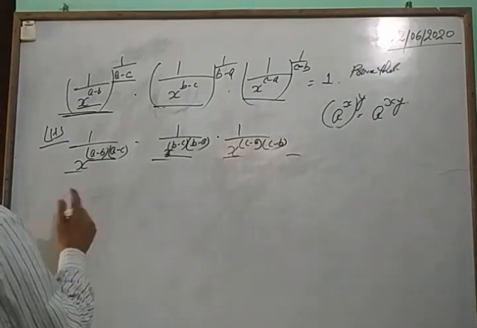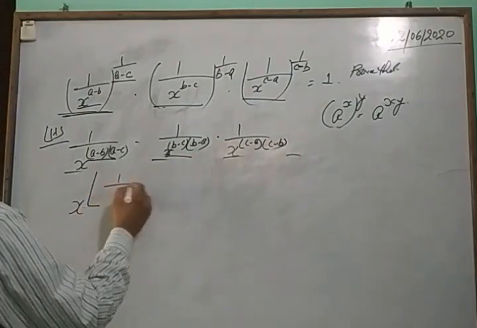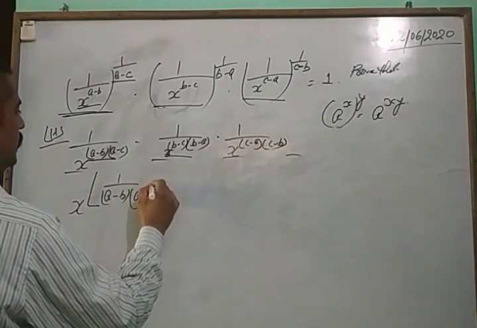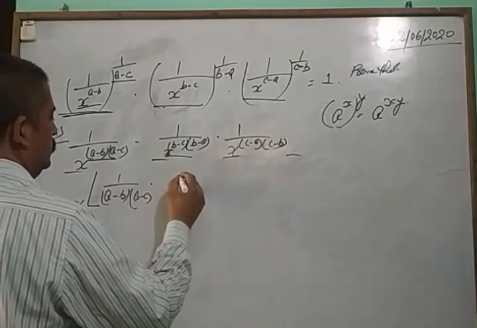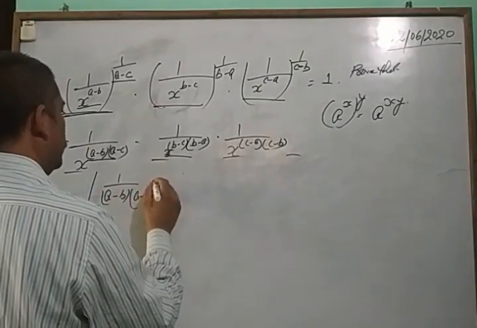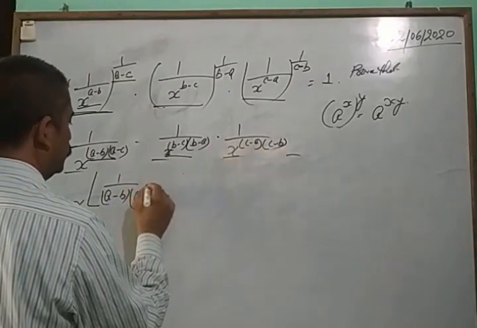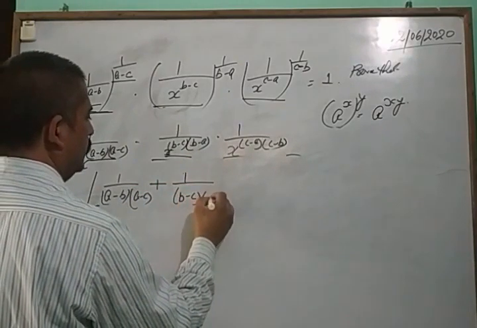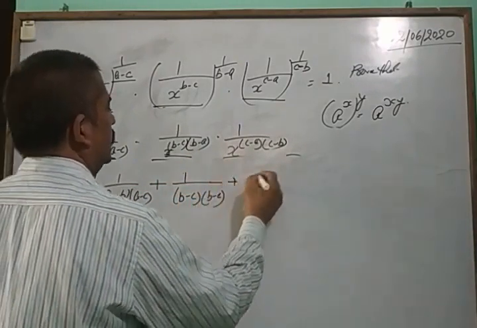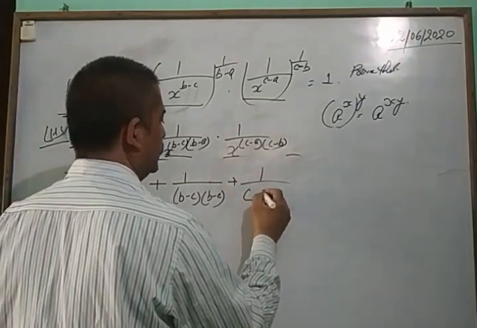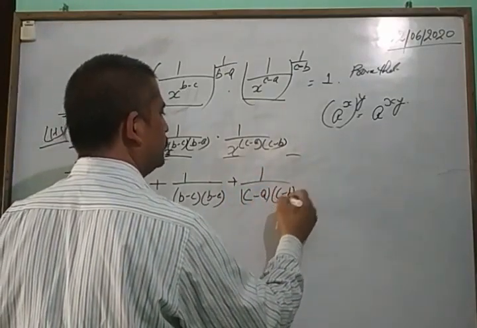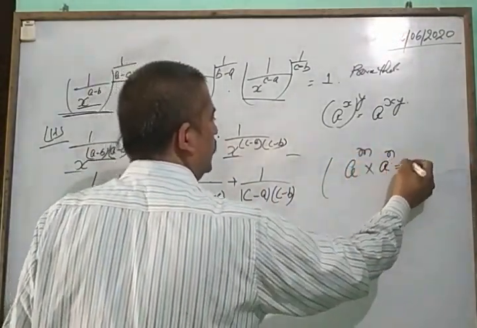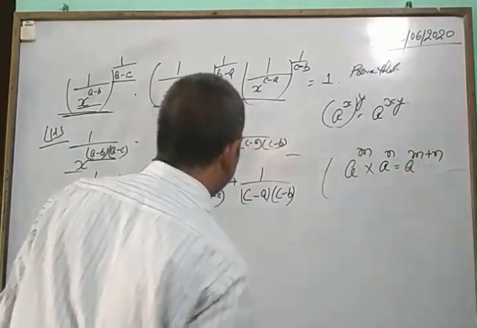So taking x, we have 1 by a minus b, a minus c, and since all are multiplied, the powers will be added: b minus c, b minus a, plus 1 by c minus a, c minus b, because a to the power m into a to the power n is equal to a to the power m plus n.